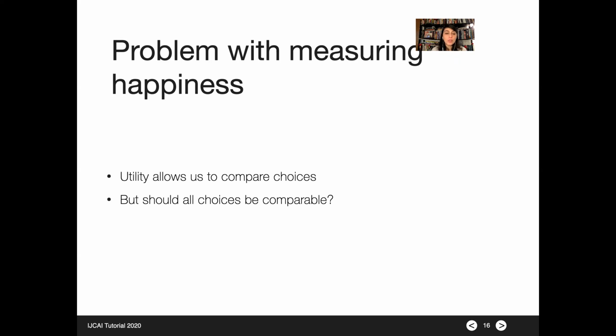we do not intuitively necessarily consider that all choices should be compared. So per utilitarian theory, we are able to compare how much damage to my property is equally morally wrong as murdering a child, right? So in our mind, murder is a completely different category of badness, if you like, than damage of property.